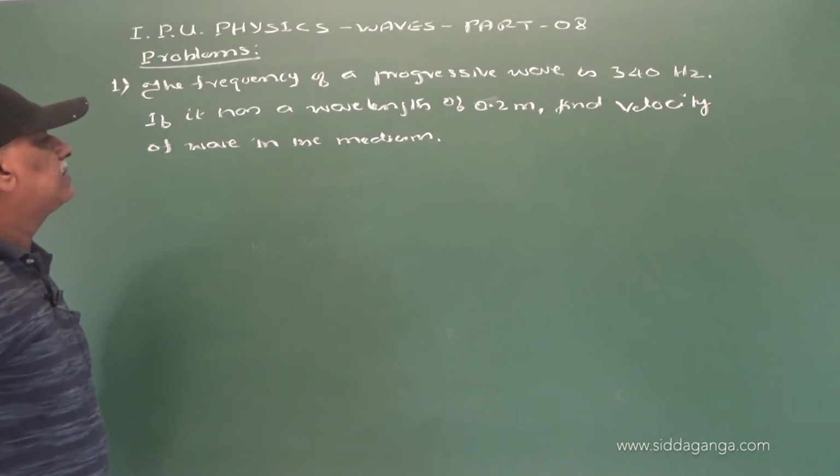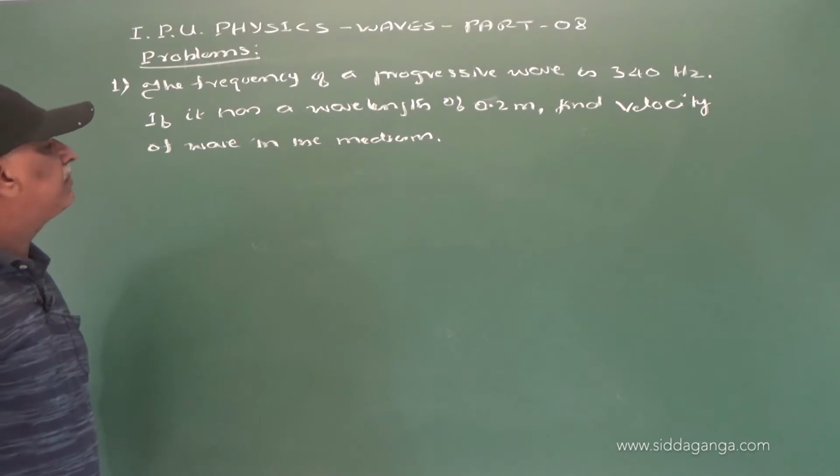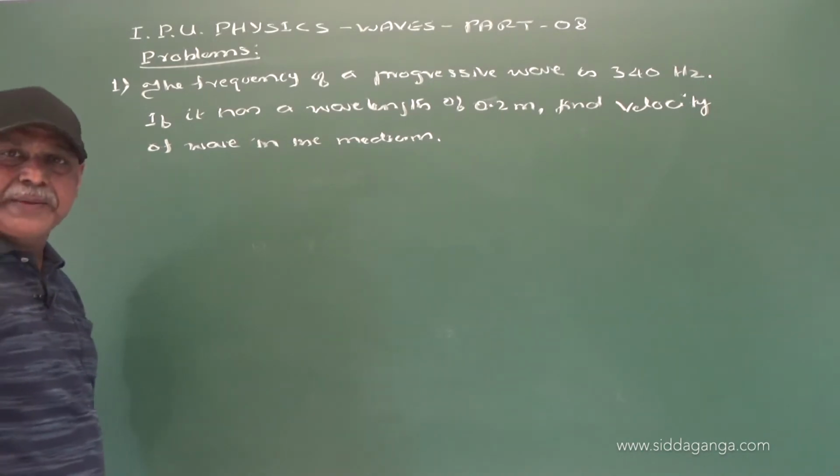If it has a wavelength of 0.2 meter, find the velocity of the wave in the medium. Now the problem is, we have been given the frequency of a progressive wave as 340 hertz. If it has a wavelength of 0.2 meter, find the velocity of the wave in the medium.